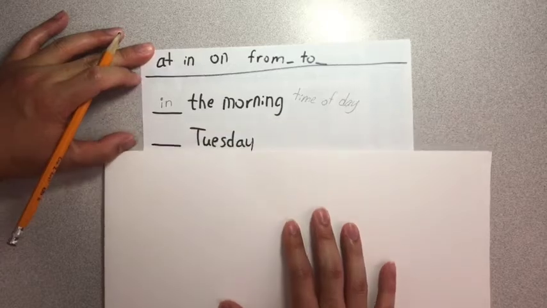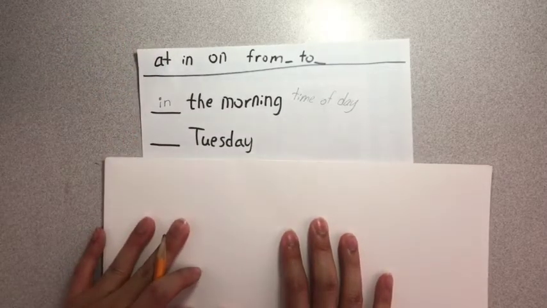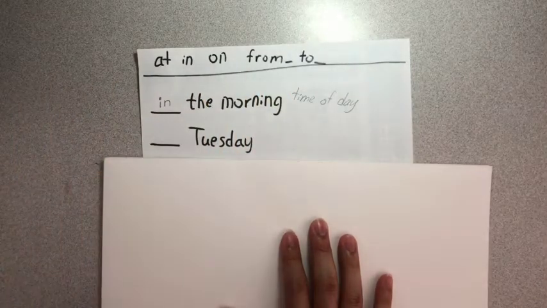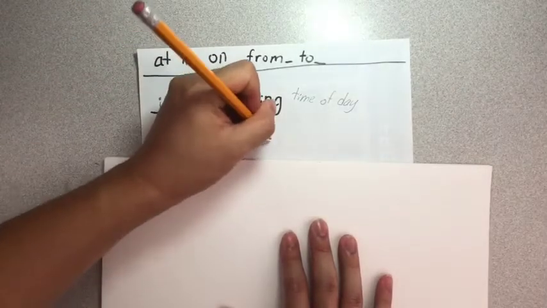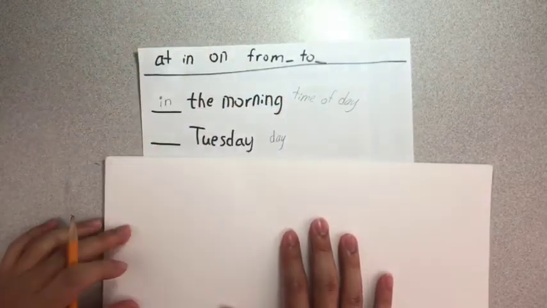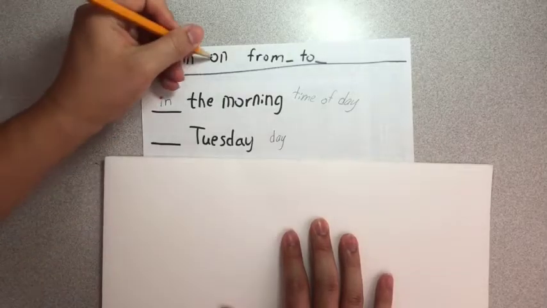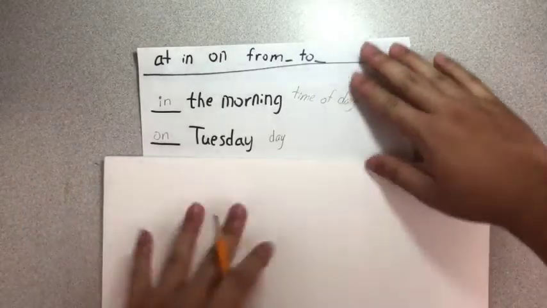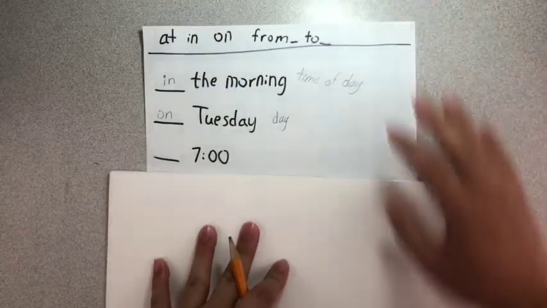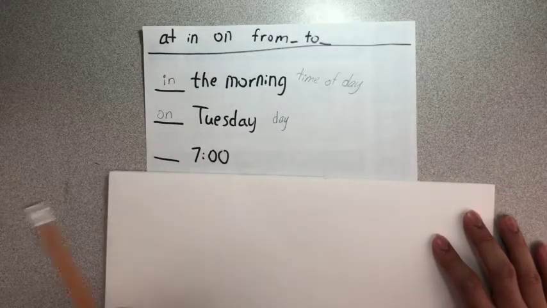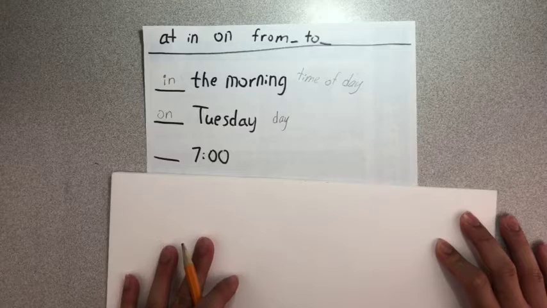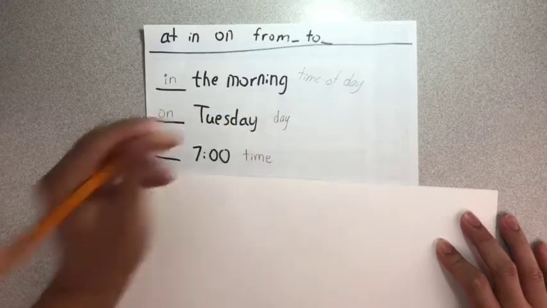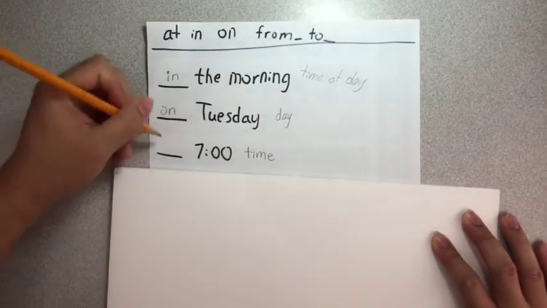Tuesday. What word here goes with Tuesday? Well, Tuesday is a day. So Tuesday we use on because it is a day. Seven o'clock. 7 is time. For time, we use at.